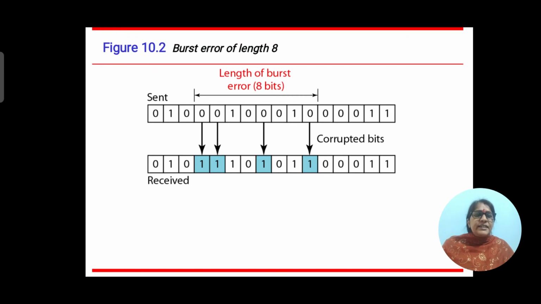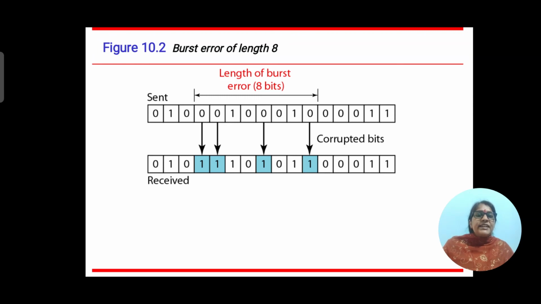Let us understand by taking a length of 8 bits. As shown in this slide, we have the sender and a received message, in which the sender sends the data, that is 0 1 0 0 0 1 0 0 0 1 0 0 0 1 1.